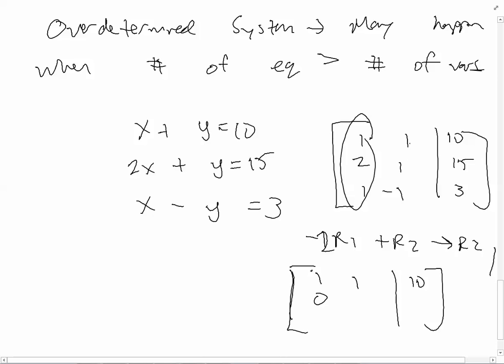Negative 2 times 1 is negative 2, plus 1 is negative 1. Negative 2 times 10 is negative 20, plus 15 is negative 5. And row 1 would be left alone.